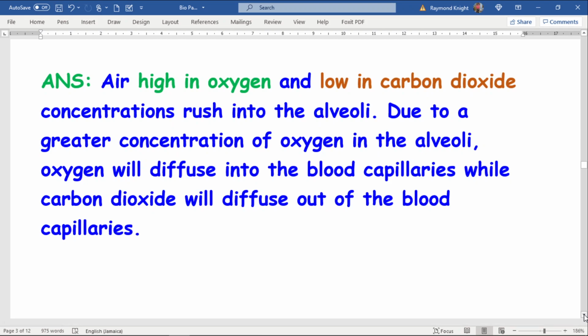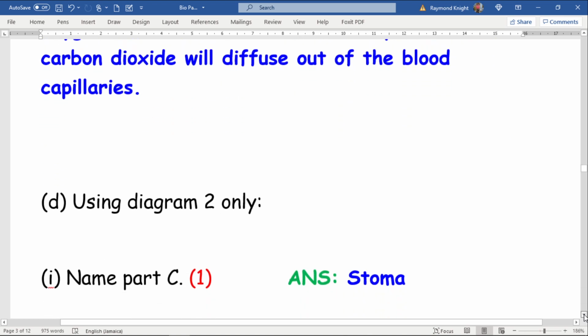So air high in oxygen and low in carbon dioxide concentrations rushes into the alveoli. Due to a greater concentration of oxygen in the alveoli, oxygen will diffuse into the blood capillaries while carbon dioxide diffuses out of the blood capillaries and into the alveoli. Okay, so that will cover our marks right there.